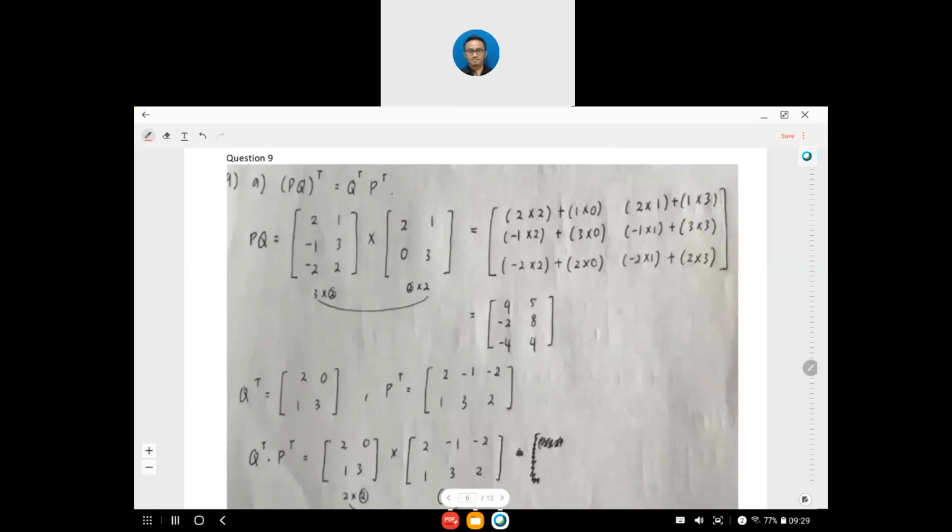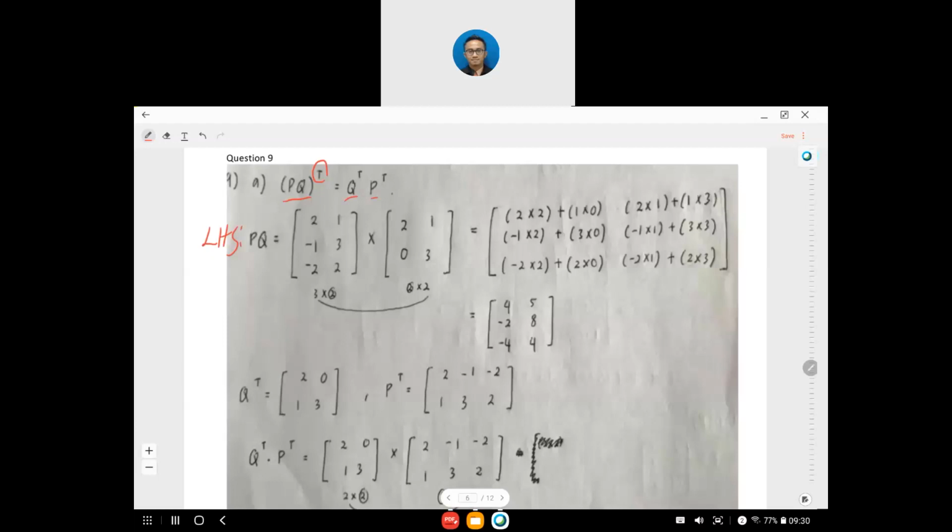Question 9, you want to show whether PQ transpose is also equal to Q transpose P transpose. Okay, so this one you must solve one by one. First of all, you must solve the left hand side. Okay, PQ.